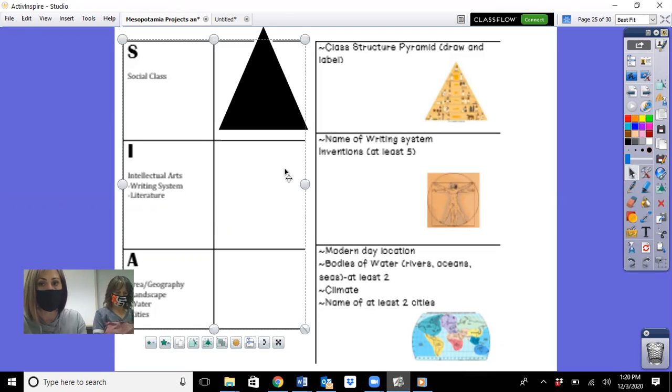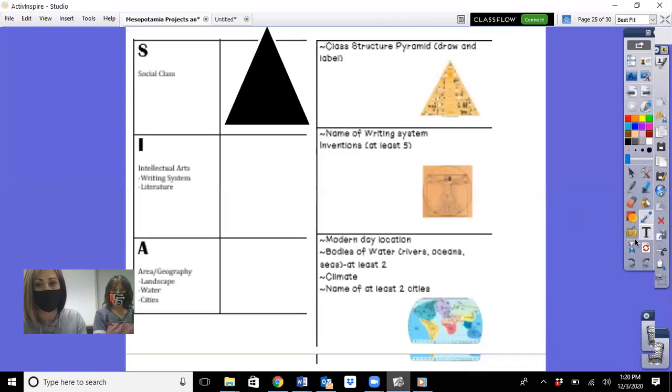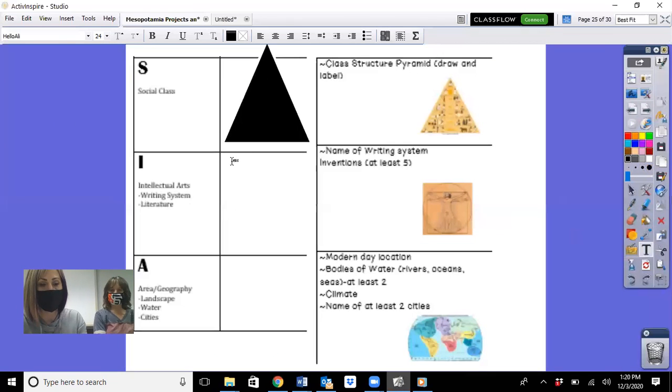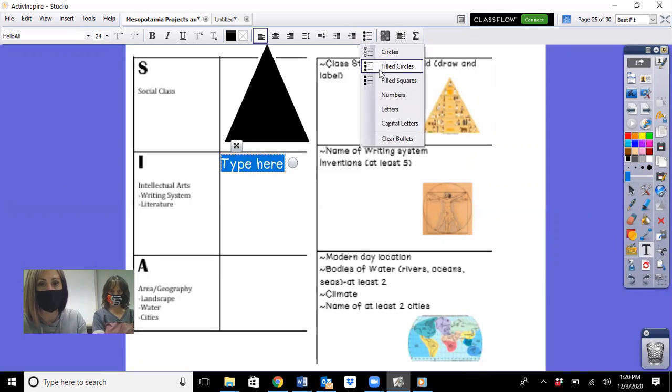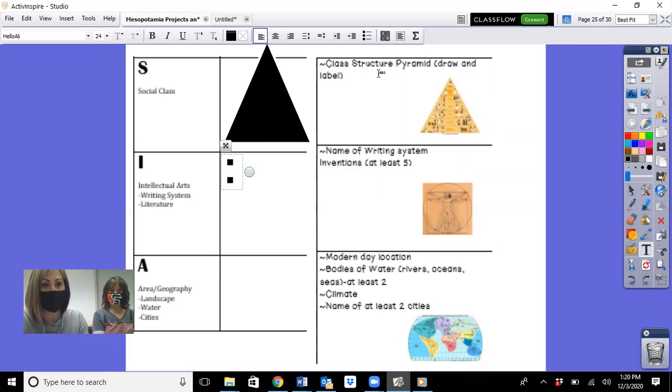Intellectual arts is going to be one little bullet point. And then one little bullet, and that's going to be the name of your writing system. And then the next one is going to be 5 inventions. 1, 2, 3, 4, 5.